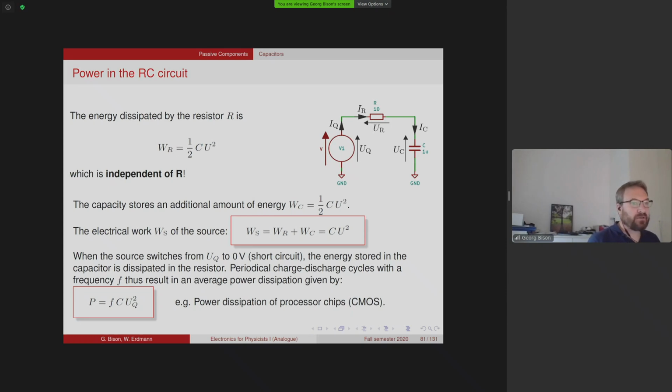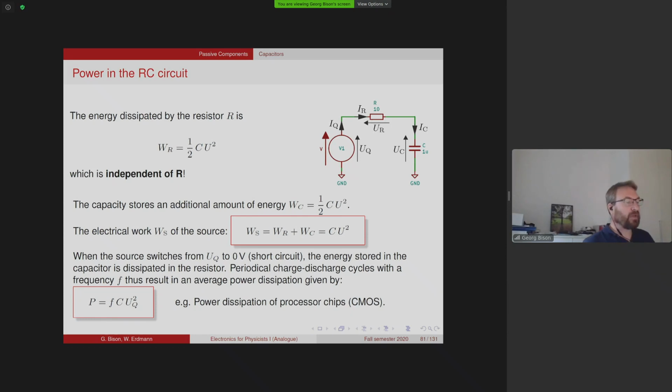Then, given a certain frequency, once per cycle of this frequency, we dissipate this amount of energy. And so the power that is dissipated is the frequency times the capacitance times the voltage squared.